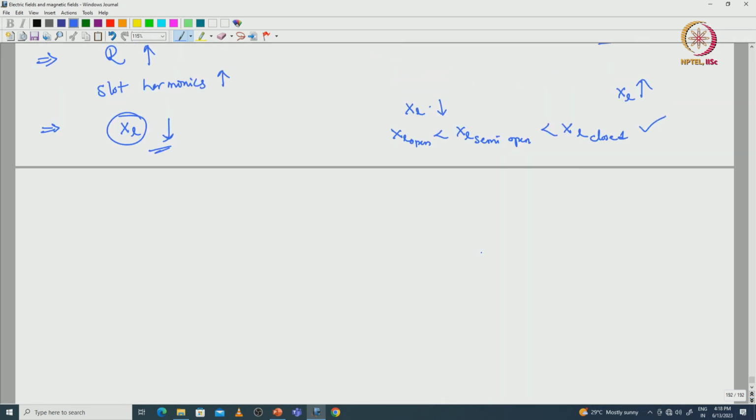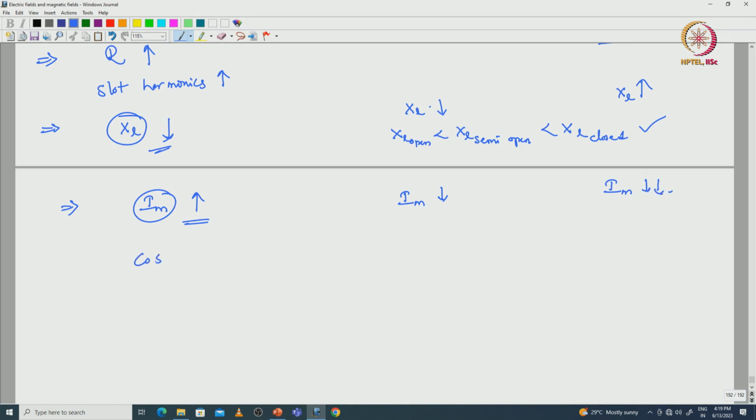The next parameter we will see is the magnetizing current. In order to establish the same flux at the air gap, the magnetizing current requirement will be very high because of the unsymmetrical air gaps in the open type of slots, and here slightly less and here it will be very less.